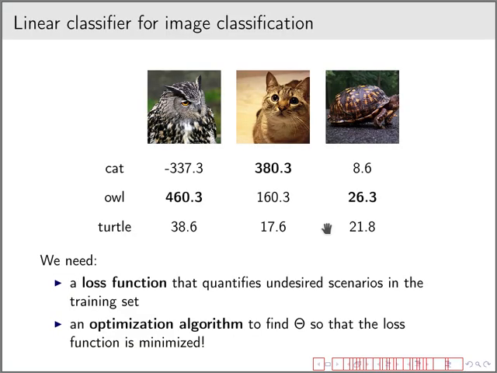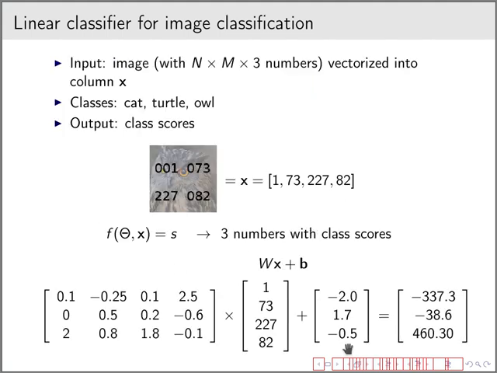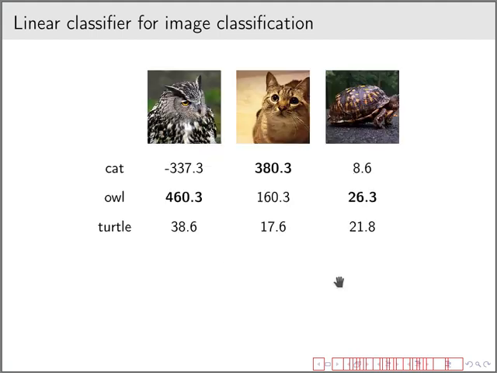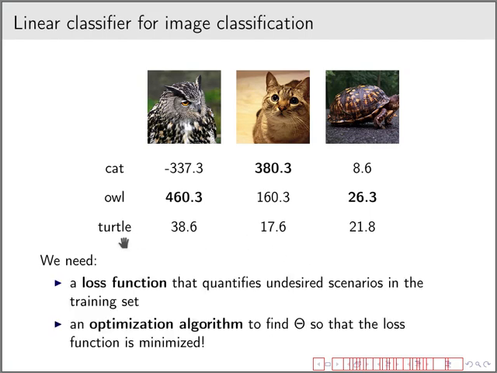So what we need now in order to improve that, because remember, we started from random values. We want to improve that. We don't want to have random output, right? So we need a loss function that quantifies undesired scenarios in the training set. I use this term loss function because this is often used in the literature.